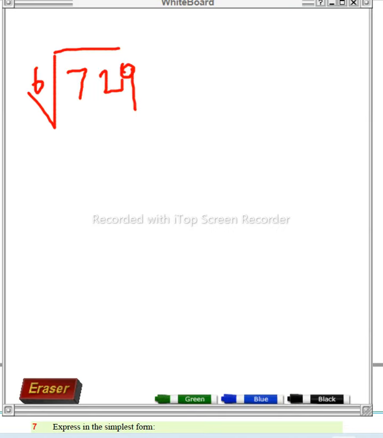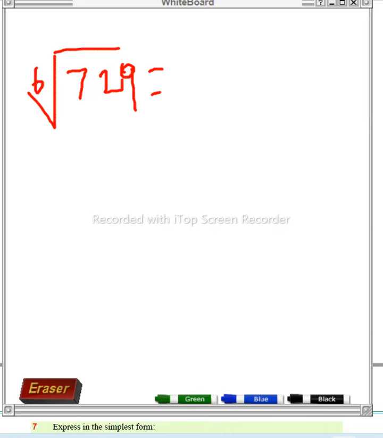Here we have to know that 3 times 3 times 3, 6 times, gives 729.